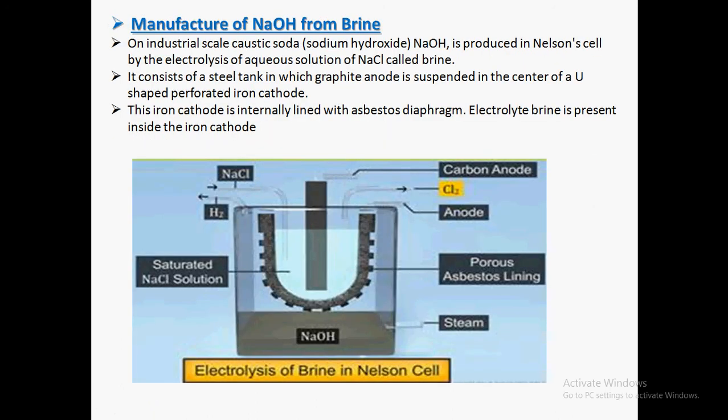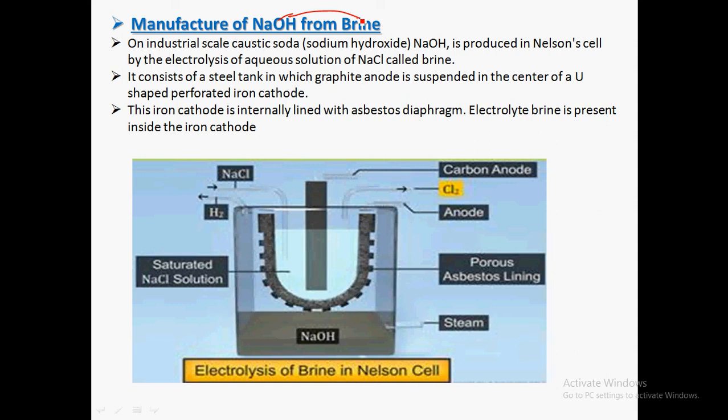Next, another process is manufacture of sodium hydroxide from brine. Now let's see what is sodium hydroxide, and how it is extracted from the brine. Sodium hydroxide, NaOH, one sodium and one hydroxide.